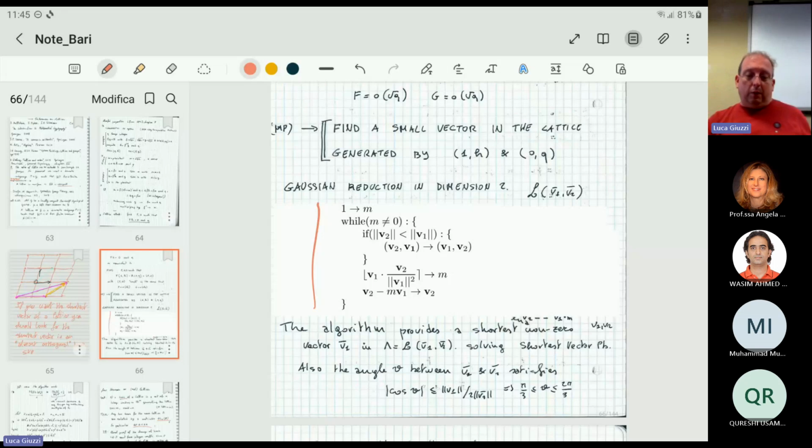Here, we take our vectors V1 and V2. If the norm of V2 is less than the norm of V1, we swap them.